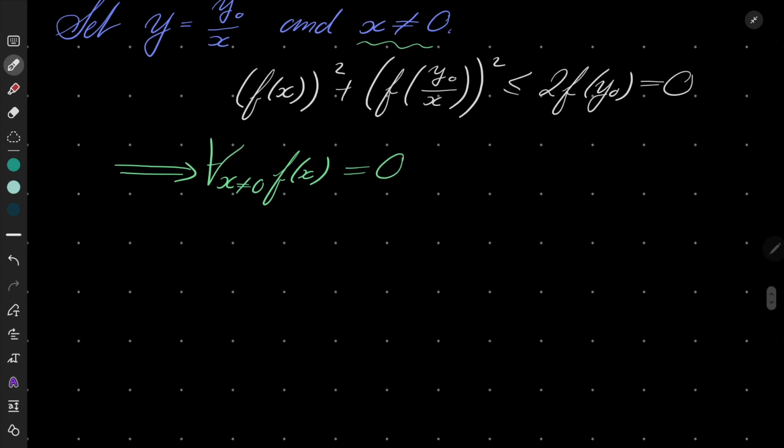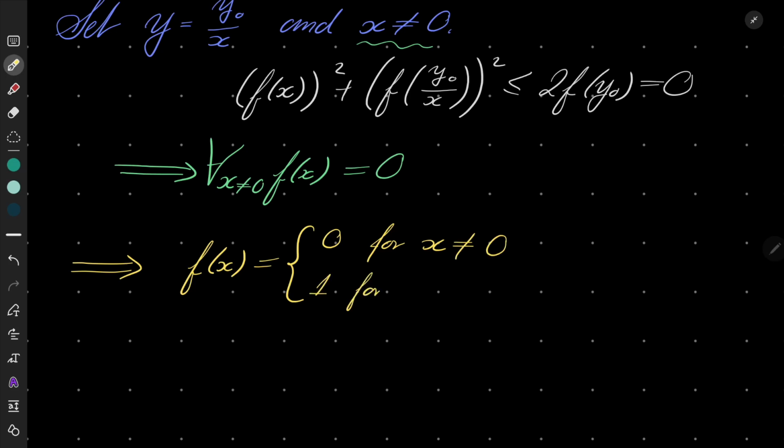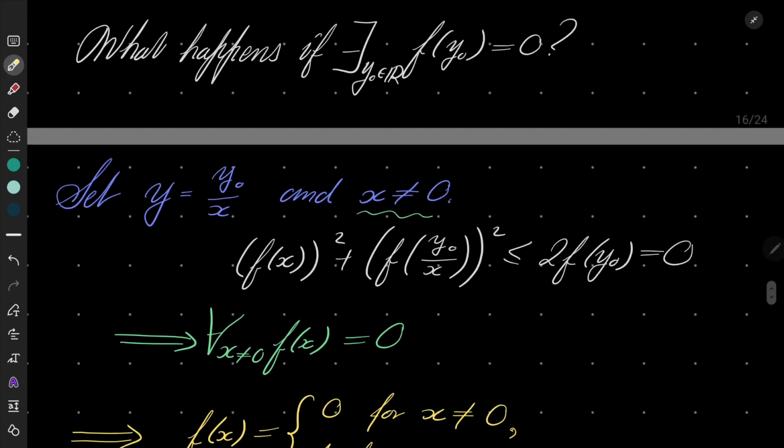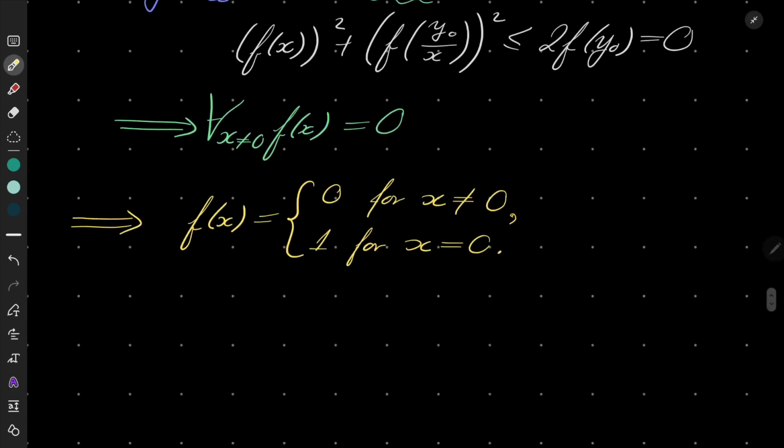That implies that either f of x is 0 for x non-zero and 1 for x which is 0, or in the other case, if f doesn't attain value of 0, then it must be constantly 1.